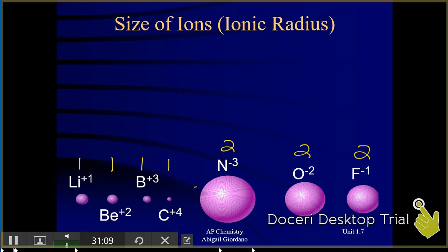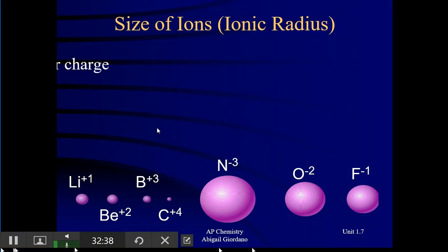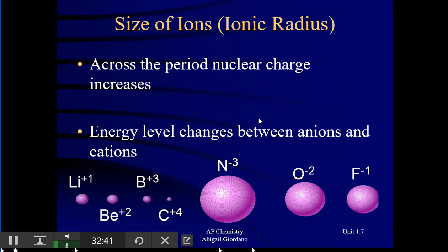They all 3 have the same number of energy levels, 2, but they have an increasing number of protons. Effective nuclear charge is increasing. That's the same thing we keep hearing again and again.